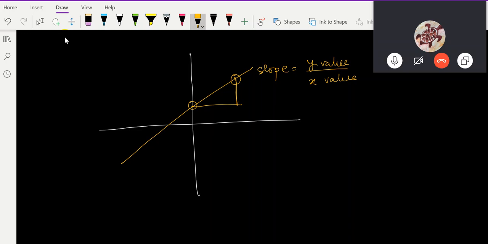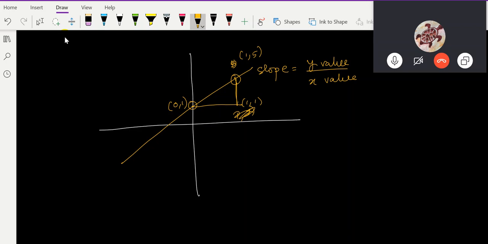Let's say this is 1 and 1, and this is 1 and 5, and this is 0 and 1.